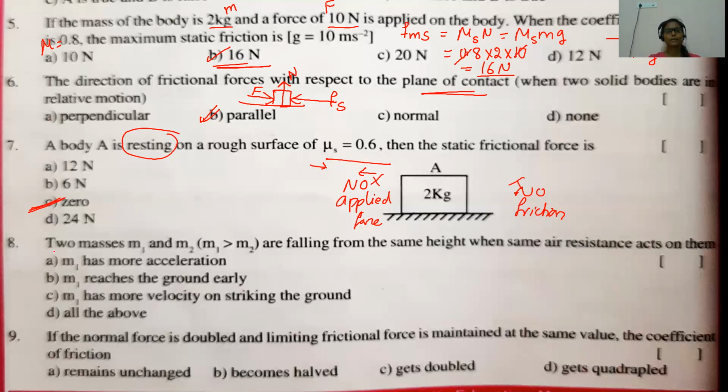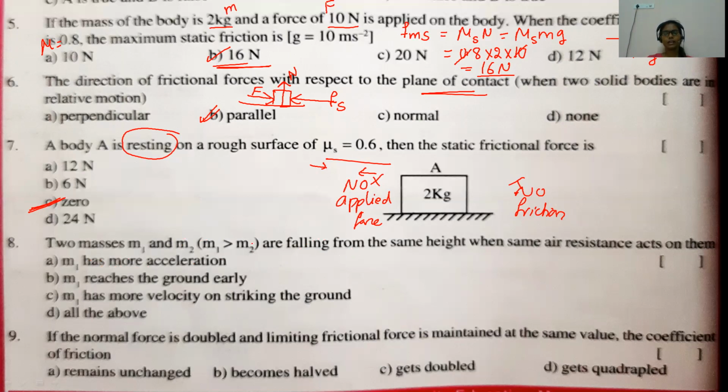Two masses M1 and M2 are falling from the same height when the same air resistance acts on them. Which will move with the same acceleration? In the last problem we solved, the friction was proportional to the square of the mass, but here that is not given. Here just two bodies are given.